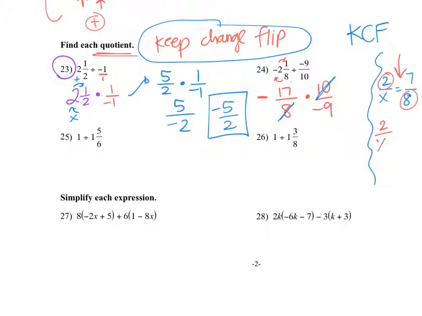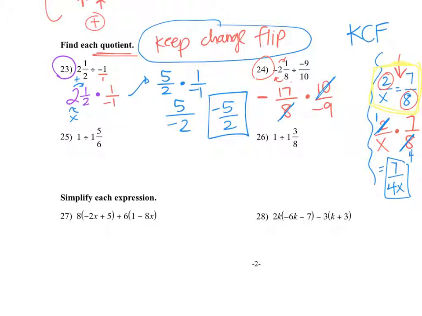But if the problem looked exactly the same with the multiplication, and I'm using the same numbers, then yes, I would be able to cross cancel, and this would be a 4 and this would be a 1, and so my answer in this case would be 7 over 4x, whereas in my first example, I would not be able to cross cancel. I'd be cross multiplying. Okay, so going back to my number 24 problem.